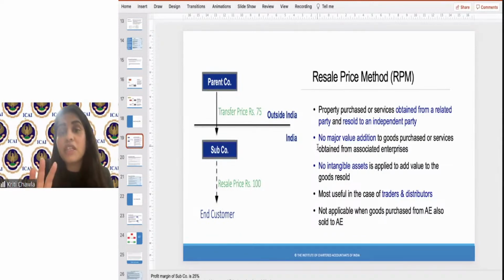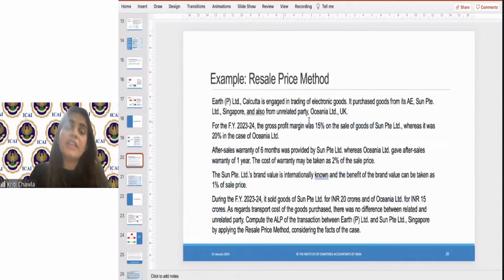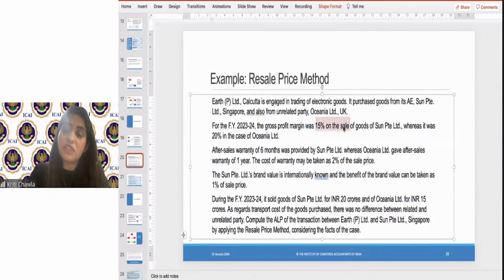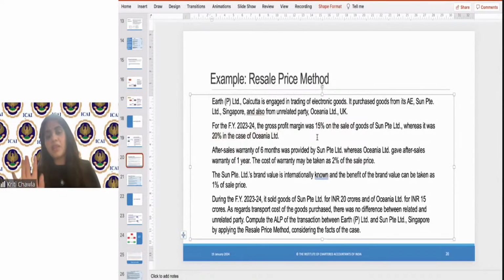We should always earn more than what related parties are earning, or similar, but not lesser. But in this situation, our related party margin is 15%, and the margin in the unrelated situation is 20%. Let's see what we can do about it.